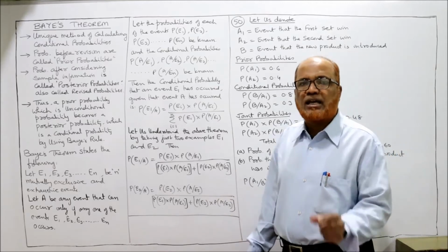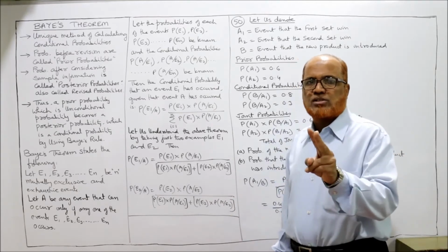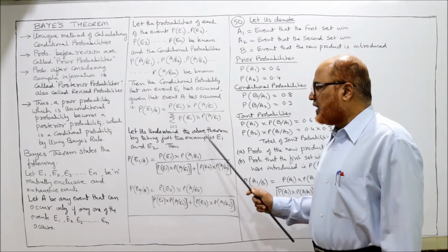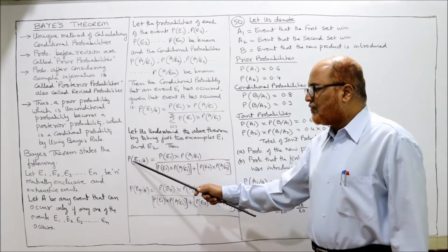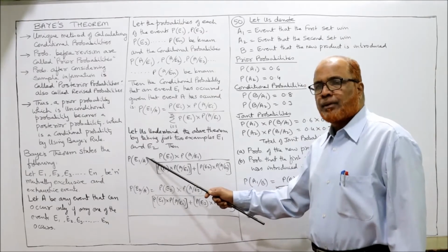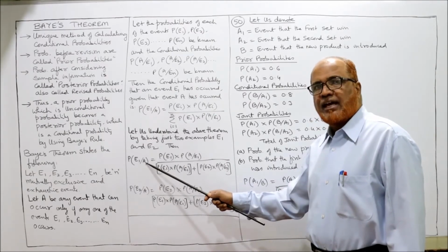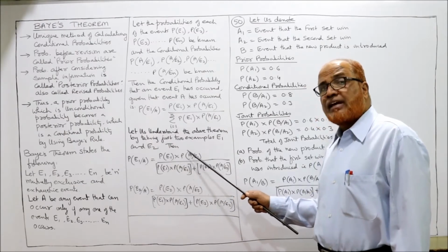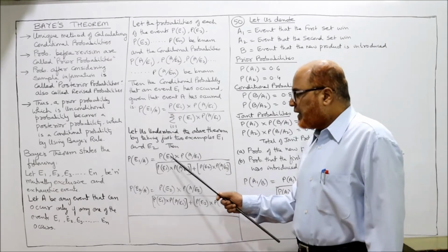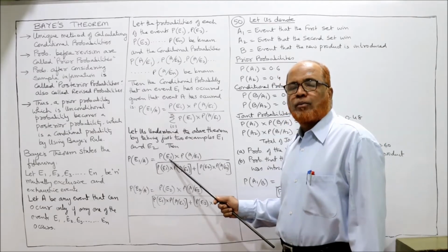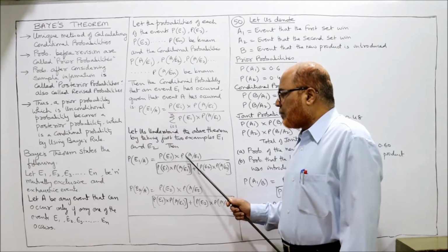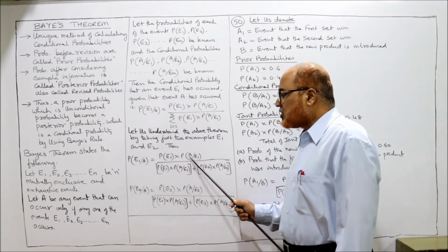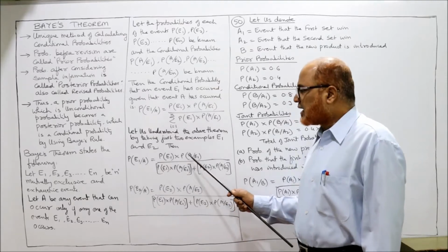Suppose two events are there, E1 and E2. Only two events. So let us understand the above theorem by taking just these two events. Then P of E1 given A is equal to P of E1 into P of A given E1. This P of E1 is the prior probability, the unconditional probability, and P of A given E1 is the conditional probability.